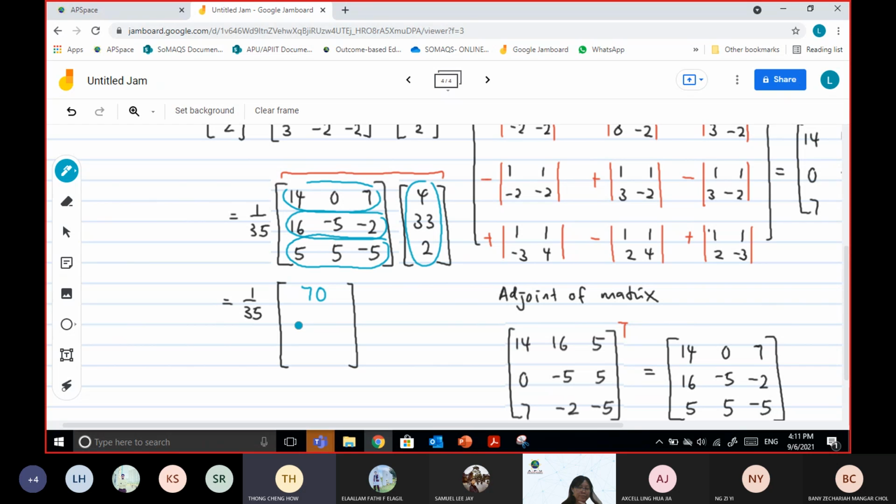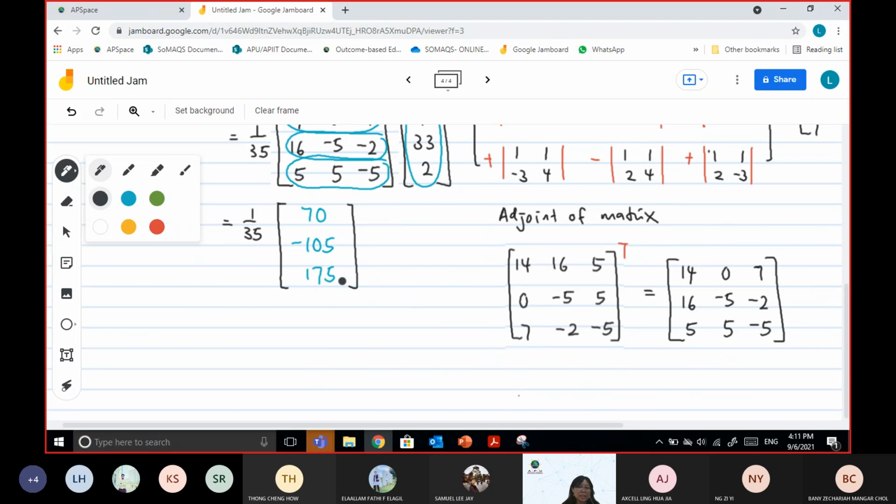Is it positive or negative 105? Then last? 175. Yes, thank you. After we get this answer, we bring in the 1 over 35. Each one is multiplied with 1 over 35. So our final answer will be 2, negative 3, and 5.